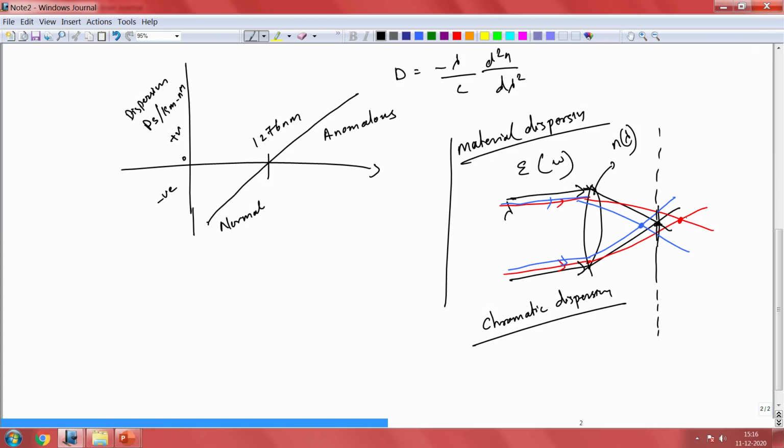The same effect happens when you propagate light through a dispersive medium, right. So, whether the light is going to arrive fast or slow depends on the wavelength that you have and the chromatic dispersion of this particular medium.